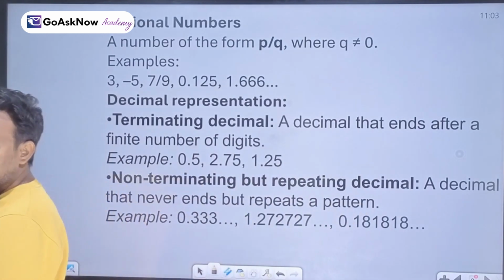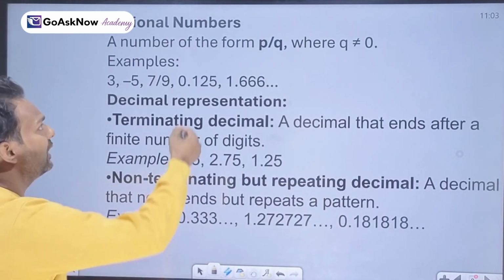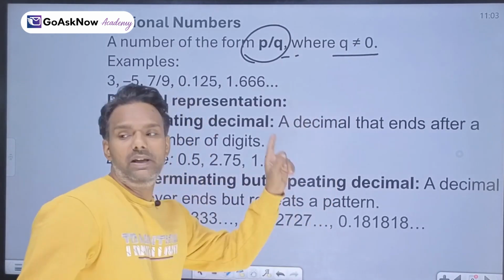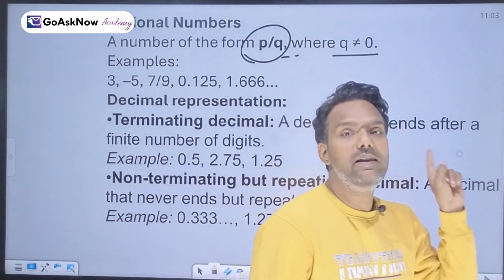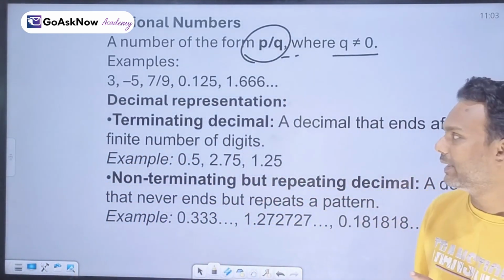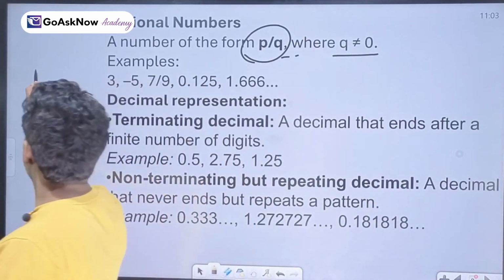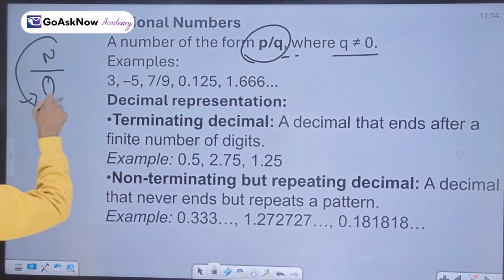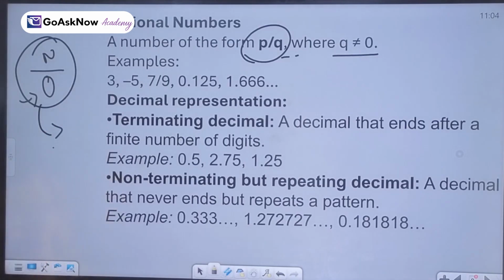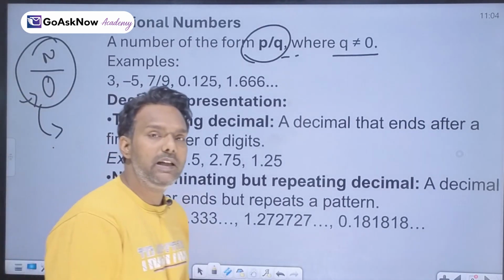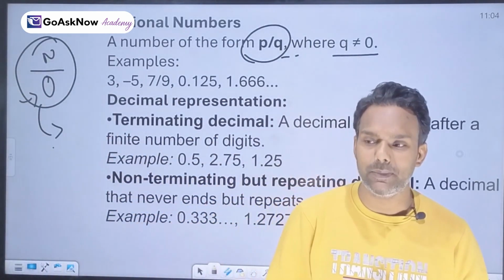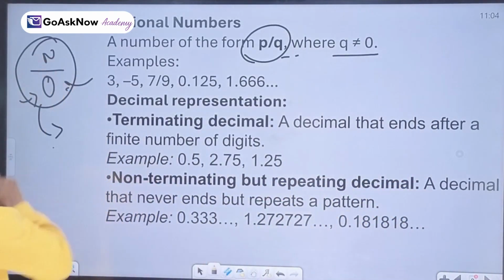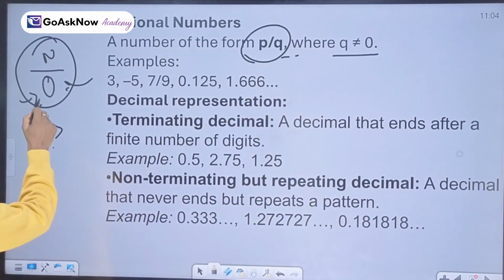So what we have already learned is that a rational number is a number in the form of p by q, where q should not be 0, and that's a necessity. Necessity means that if there is 0 under any numerator, then this is not allowed in mathematics. Division by 0 is not allowed in mathematics. Okay? So we cannot divide any number by 0. So this should not be 0.